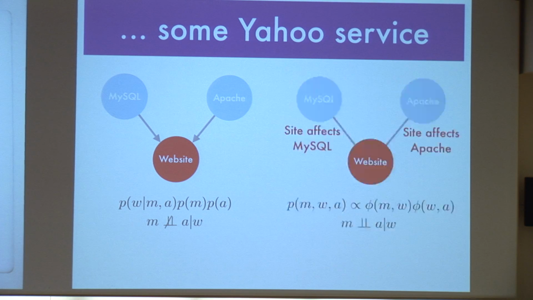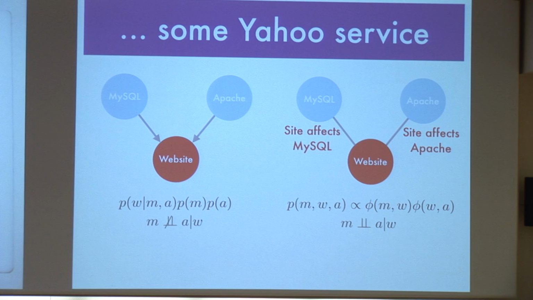But actually what I could do is I could assume the following thing, that the site also affects the database, and the site also affects the web server, right? So I could make the assumption that, well, P of M, W, and A is proportional to some function phi of M and W and some other function phi of W and A. So if I do that, it actually turns out that if I condition on W, things do become independent of each other.